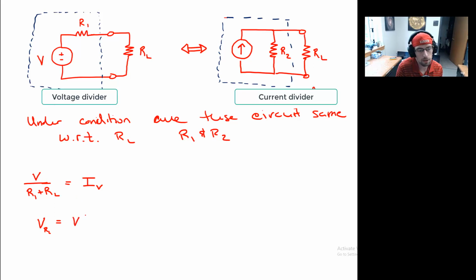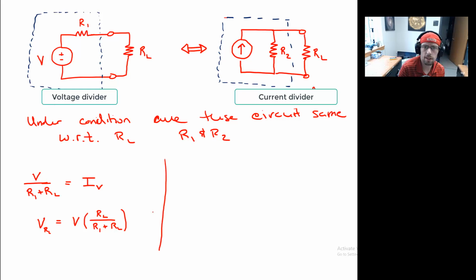So I get, and again, we've had this derivation somewhere else, probably in the KVL, KCL lectures, this relationship. So good. We have the current being applied to the load, IV, and we also have the potential drop across the load. Let's now analyze this right circuit.